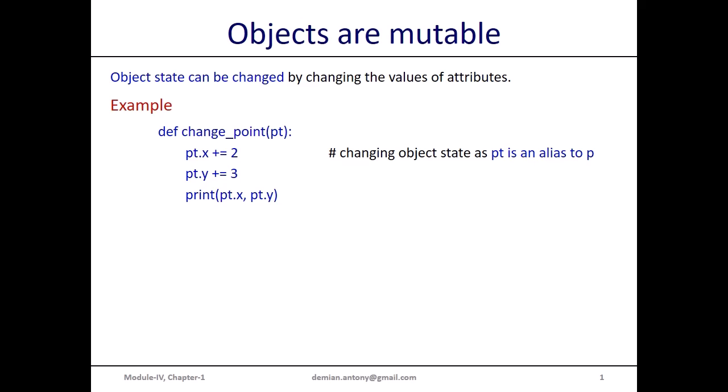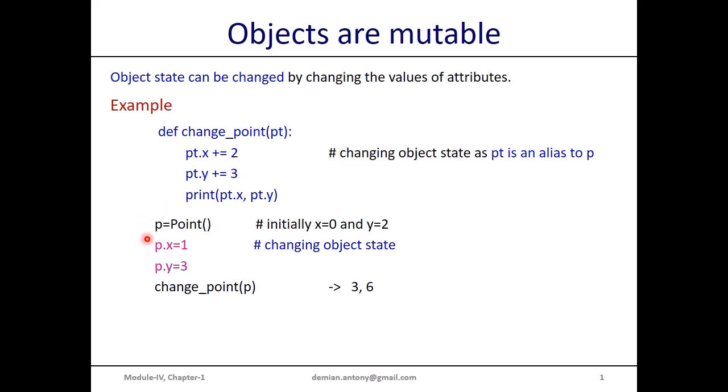To illustrate this, we will take up a function change point, which takes one argument, which is an object, and we increase the value of x by 2 and y by 3, and then we print.